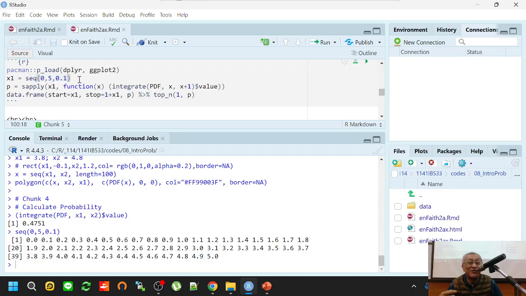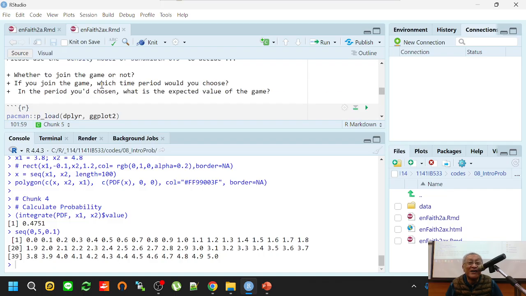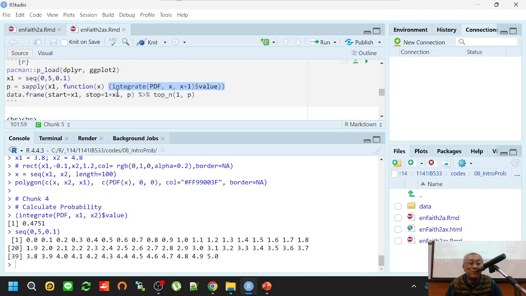We want to use that to calculate the probability of this 1 minute period, right? So as you can see, I'm using sapply and give it x1. So for every one of these values, you use this expression that we explained before to calculate the probability of the corresponding 1 minute period, right?